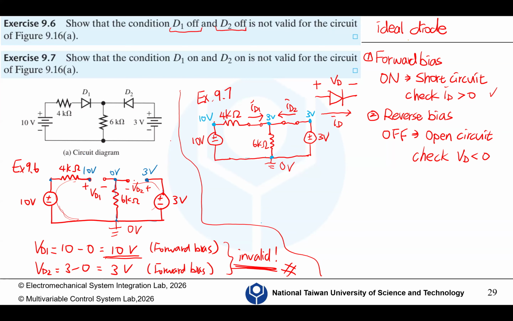Okay, so for this 4K ohm resistor, we know the voltage at both sides. So we can calculate the voltage difference, which means we can apply Ohm's law.